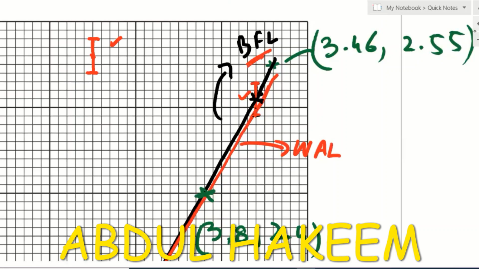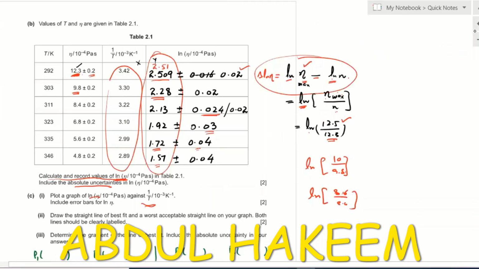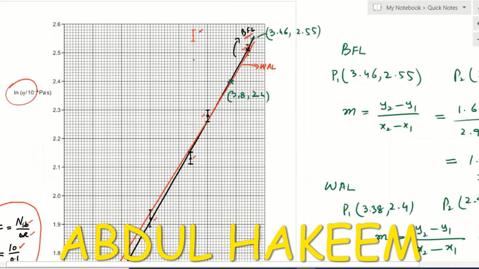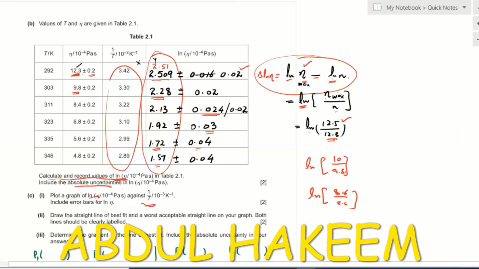Similarly, we will multiply the second error, which is also 0.02, with error scale constant 100. Again, answer coming 2. So the next point also 2 boxes up and 2 boxes down from the point, not from the line. And the next, this is 0.02 into 100.